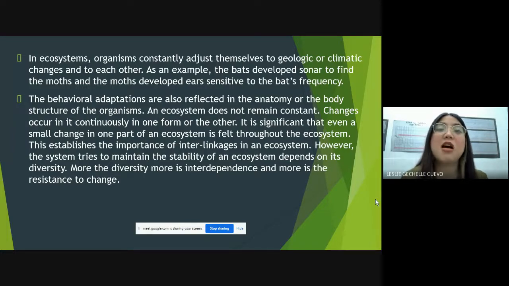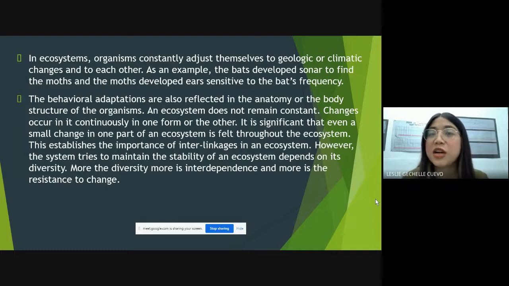Kapag may nabago sa isang part ng ecosystem, sa isang, sabi natin, group of animals, nade-disturb yung ecosystem because each of those living organisms has a role to play. Kaya, nagiging balanced ang ecosystem because if not, masisira siya or it would cause the deterioration of the actual ecosystem.